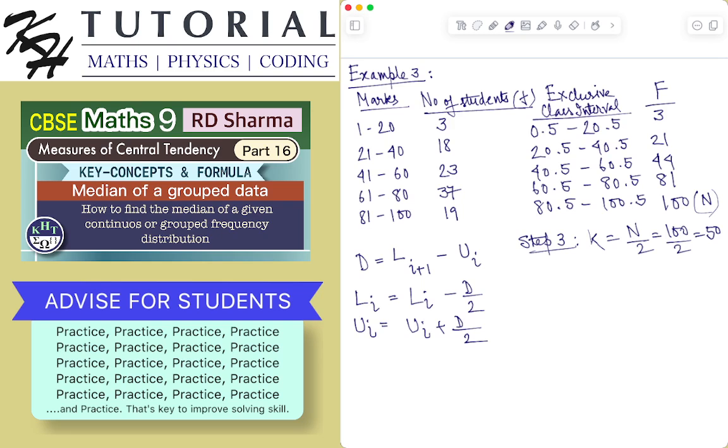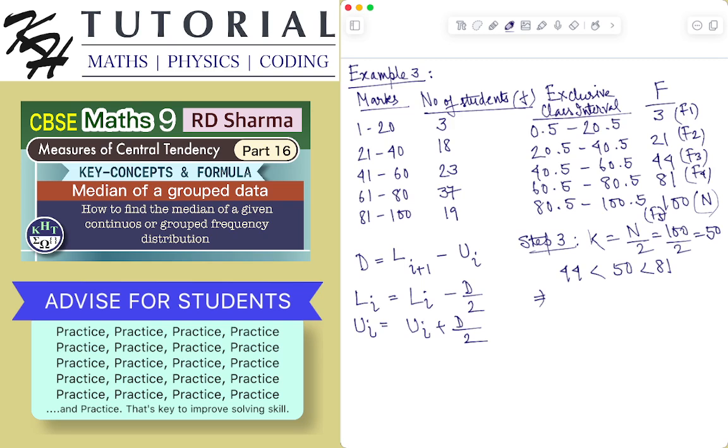Clearly I see that 50 lies between 44 and 81. So this was F1, 21 is F2, 44 is F3, 81 is F4, and F5 is 100. So n by 2, that is K, is 50. So 50 lies between the F values of 44 and 81.